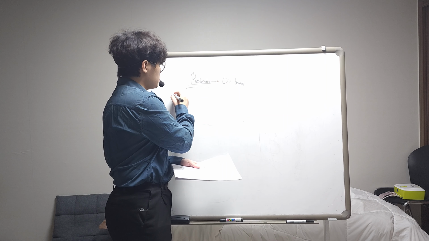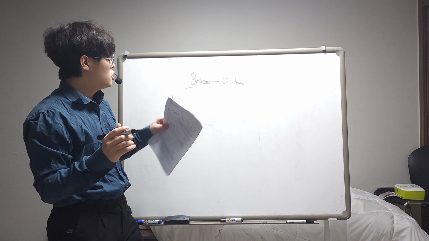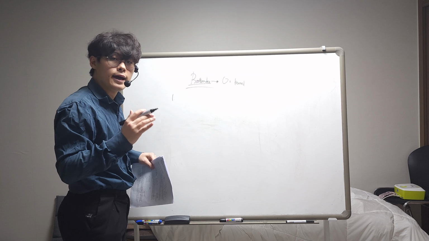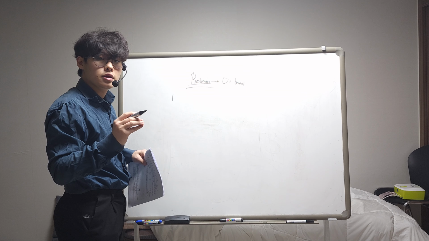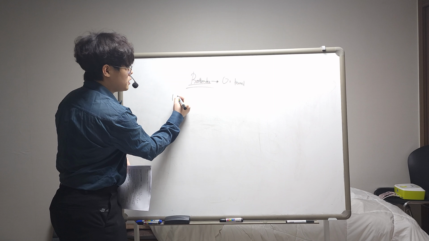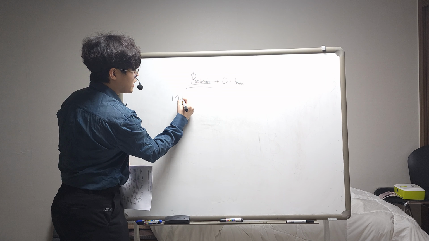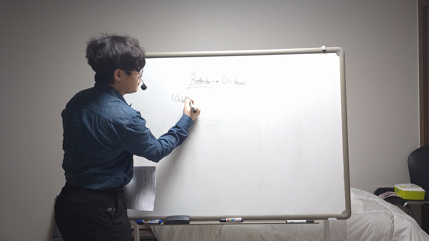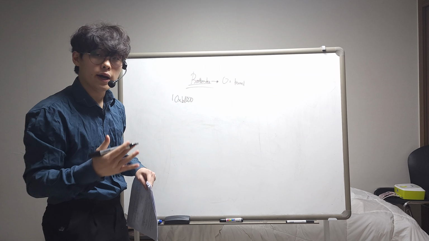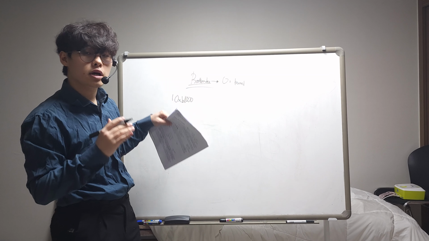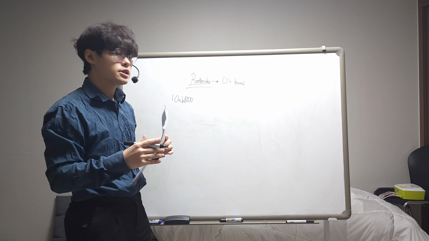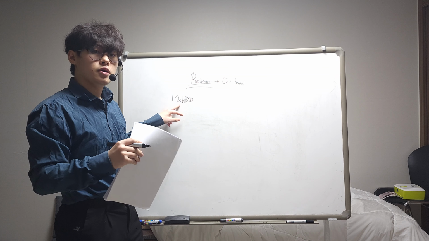I think the most important part is that if you're trying to print text onto the screen, you have to memorize this address: 0xb8000. Why? This is the starting memory address of your video output.